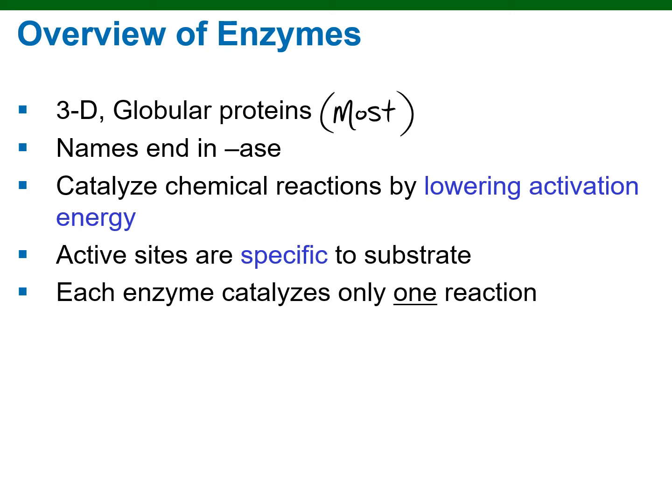And the bottom rule, each enzyme catalyzes only one reaction, that is true almost all the time. And there are some exceptions to the rule, and we can talk about those later, like beta-galactosidase is an enzyme that can perform more than one reaction, but that is a relatively rare exception.